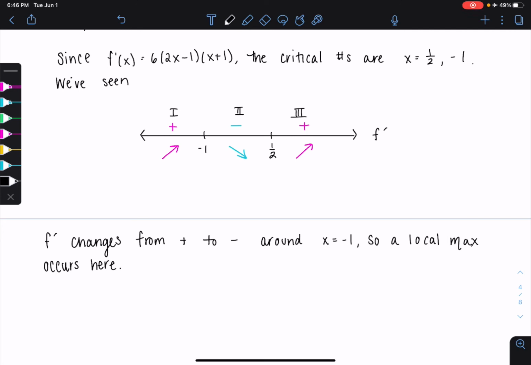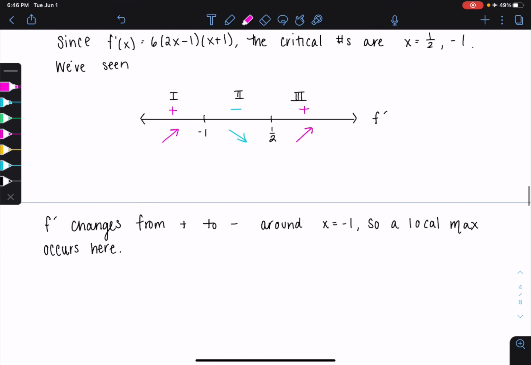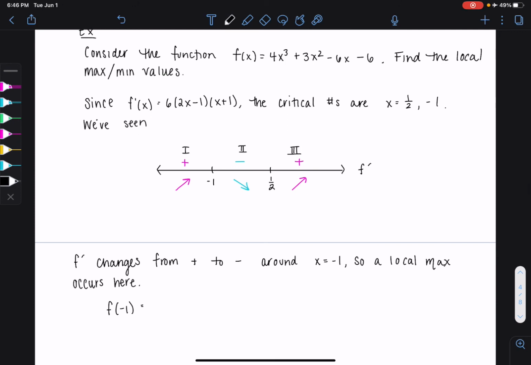So when you're doing your interval testing, drawing these arrows about increase or decrease really helps you classify those local max or mins. Now specifically, we're asked to find local max and min values, so we want the y values. The x coordinate is -1 where it happens at, but the local max value is the y value. So if we plug this back into the original function, that would be 4 times -1 cubed.